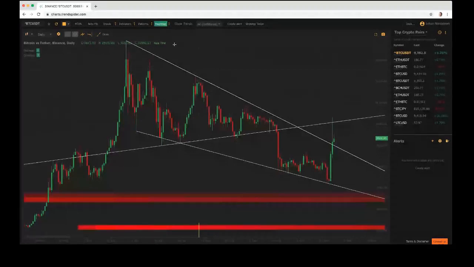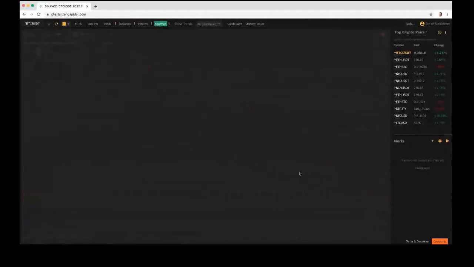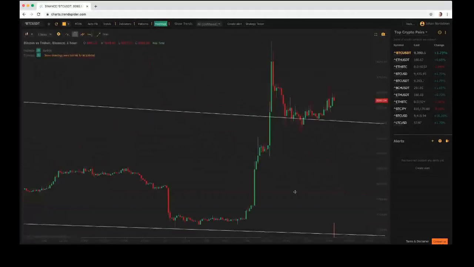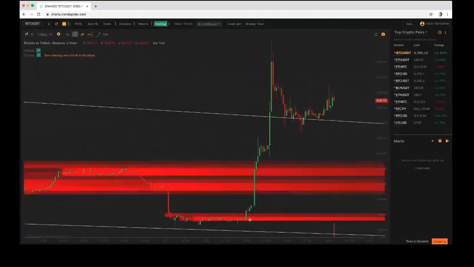Well, basically, if we move down to 1 hour here on Bitcoin, for example, we see that we're at the support trend line that was in this pennant, and I got this strong bullish price action. And I then look at where's my support and where's my first profit level.